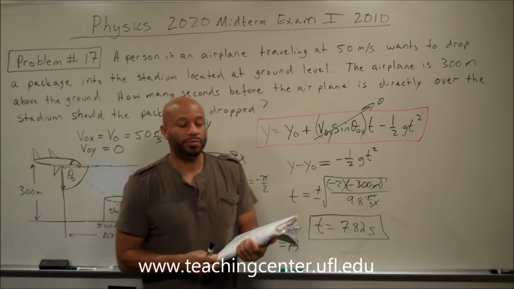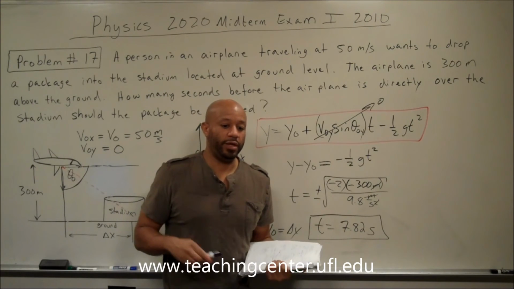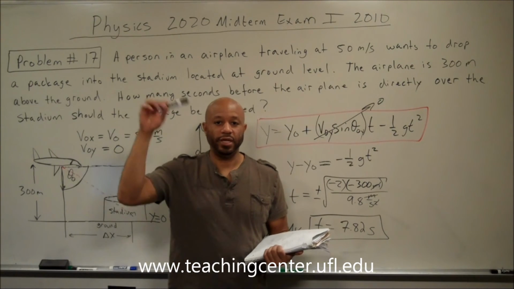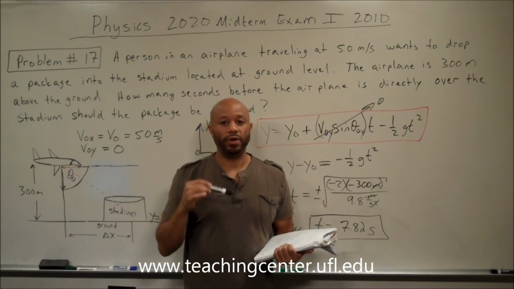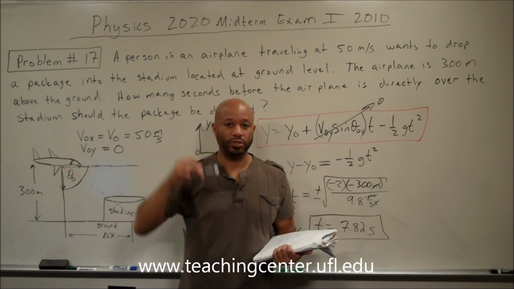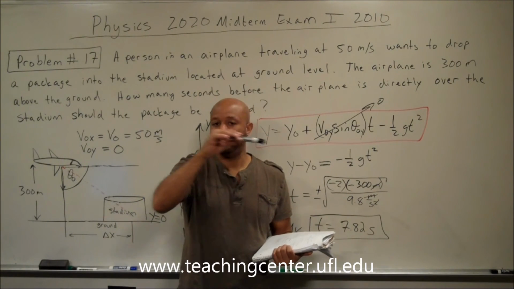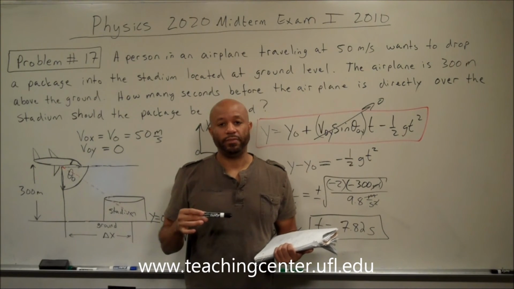So this problem was not that difficult if you understood that the time it takes an object to fall to the ground is independent of how fast it's traveling in the x direction. The only thing that matters is the height from which you drop an object. Doesn't matter if it's moving left or right in the horizontal direction. Only thing that matters is the height.